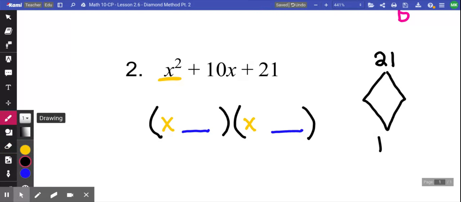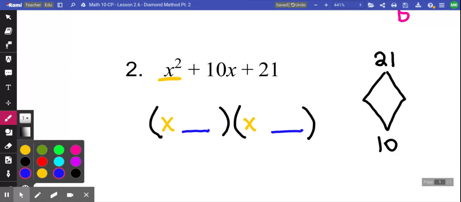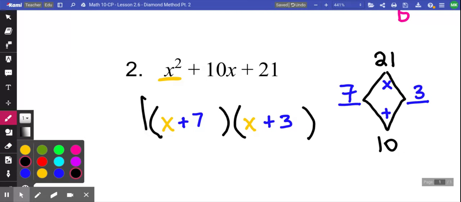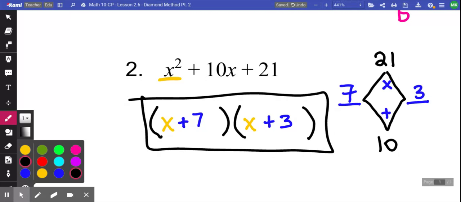We're looking for two numbers that multiply to be 21 and add to be 10. In this case, 7 times 3 would be 21, and 7 plus 3 would be 10. So my answer is x plus 7, x plus 3. Beautiful.